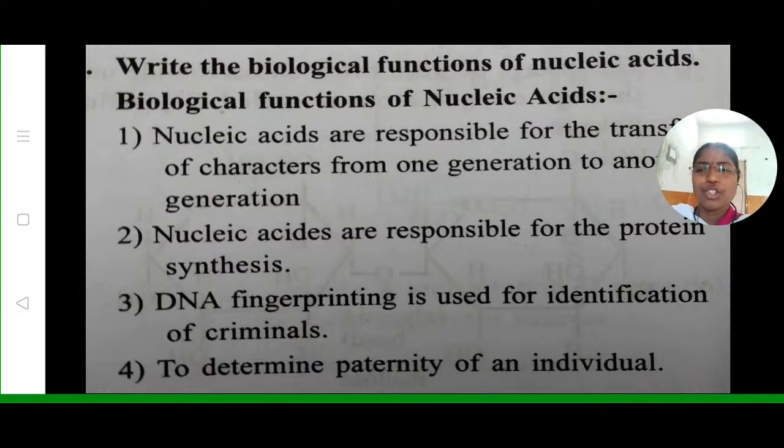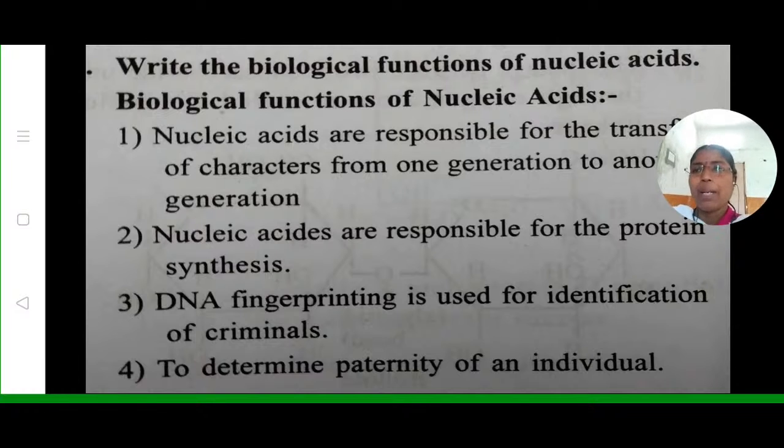Okay, and the fourth one is to determine the parents of the individual. These are the 4 biological functions of the nucleic acid.